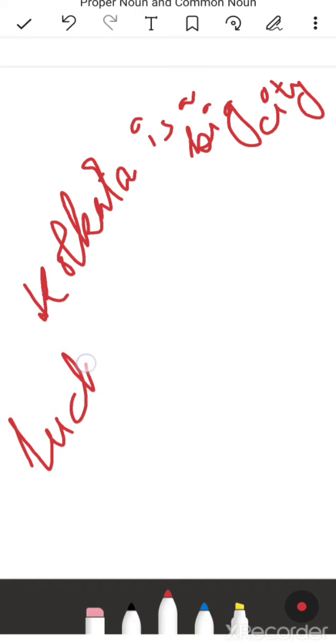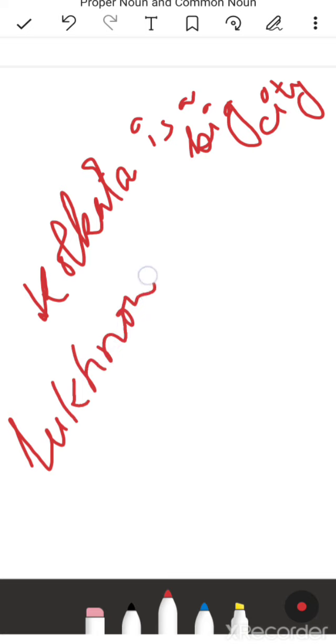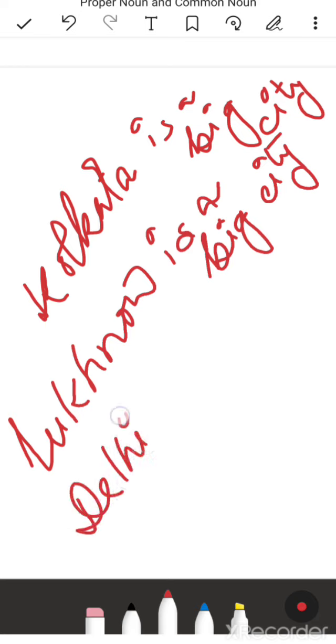Lucknow is the name of a place. And we can say Delhi is, as it is a capital, definitely a big city.